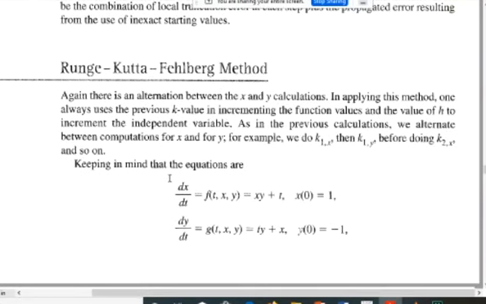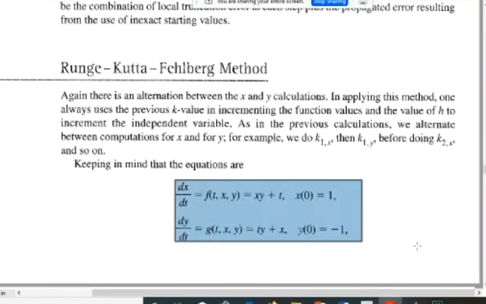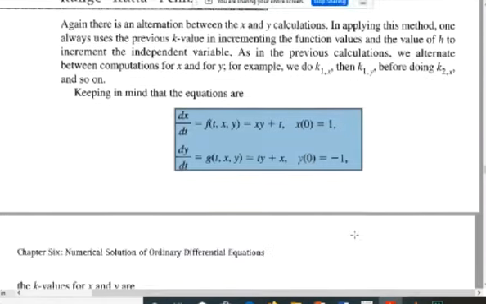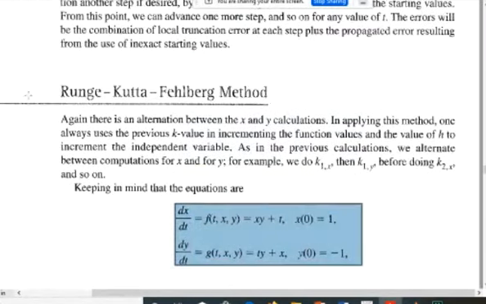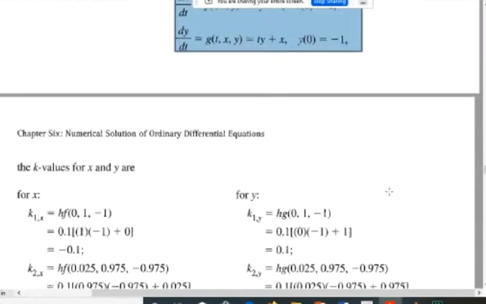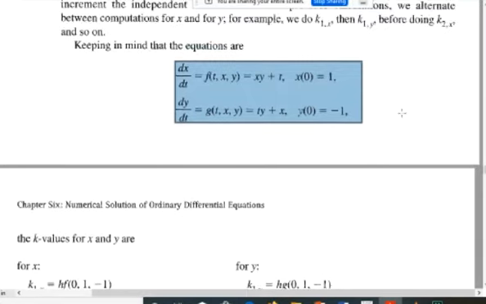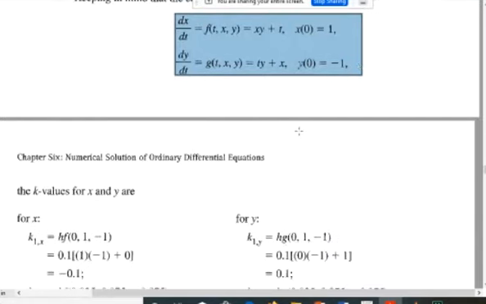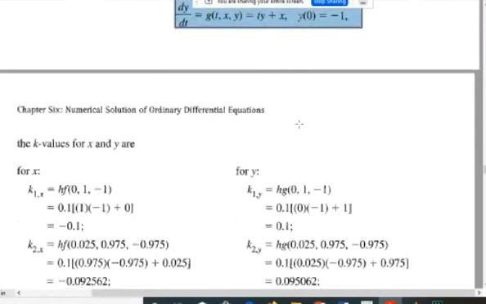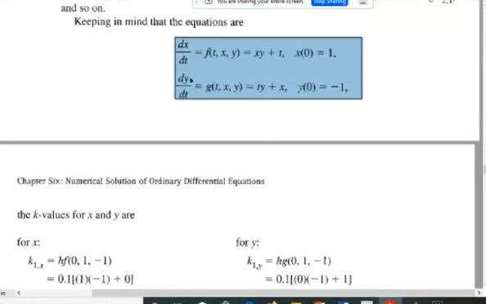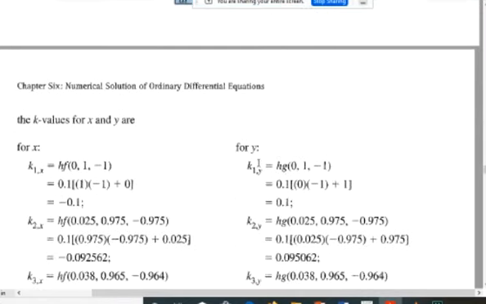We have this system of equations as we studied in the previous approach. We have the same differential equation, and we want to solve this with the Runge-Kutta-Fehlberg method. In Fehlberg methods, as in a single differential equation, we have to evaluate the values of k's, for example, for x and y for both of them.